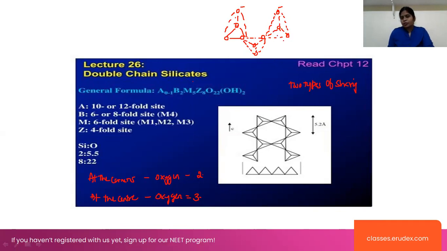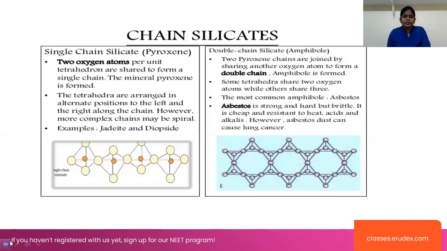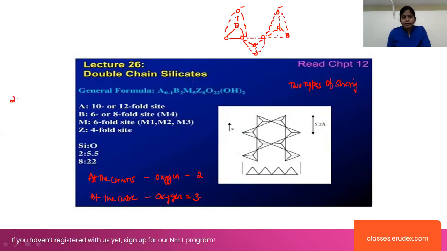At the corners, only 2 oxygens are sharing, and at the center, 3 oxygens are sharing. So look at the 2 types of unit cells we are providing here. In the case of 2 types of unit cells, we have to take the first one, where 2 oxygen atoms are sharing per single unit.